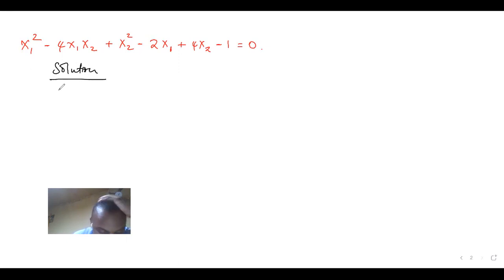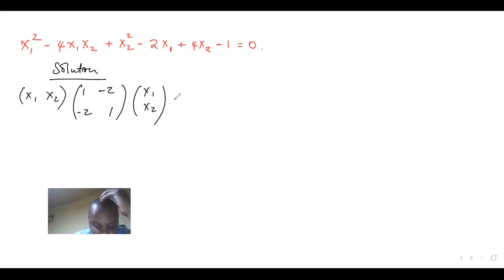So we write it using quadratic forms. So we're going to have x1, x2 times the matrix 1, -2, -2, 1, times x1, x2, plus -2, 4 times x1, x2, minus 1 equals 0.